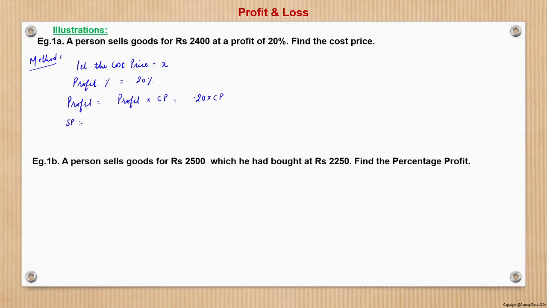So what will be SP? SP will be CP plus profit. Sorry, here SP is given as 2400.